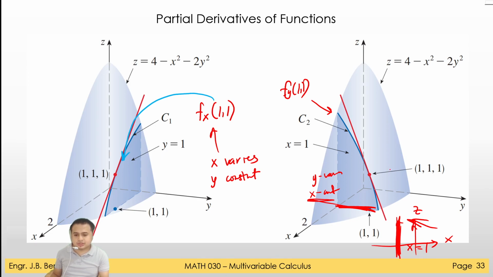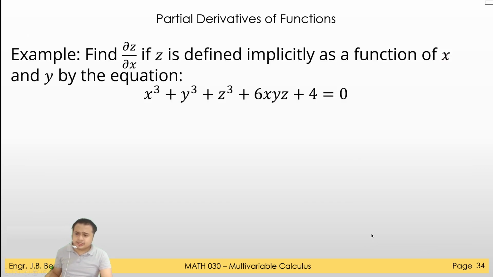So this line will be constant, where it will be this point. So given the values of x and y, you will have the slope of this tangent line at this point. Okay, so I think we are finished with this.